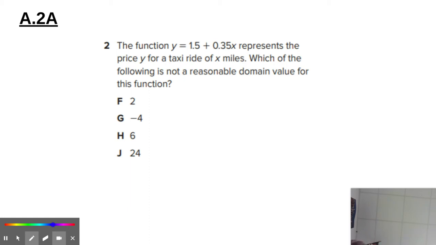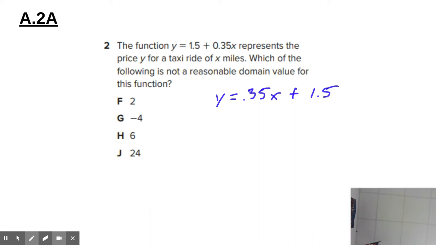If somebody's going to ride in a taxi, they're going to pay 35 cents per mile plus $1.50 for the ride. Since they're going to be paying money, we can tell that this negative number will not work because they are not going to pay a negative fare to drive in the taxi.